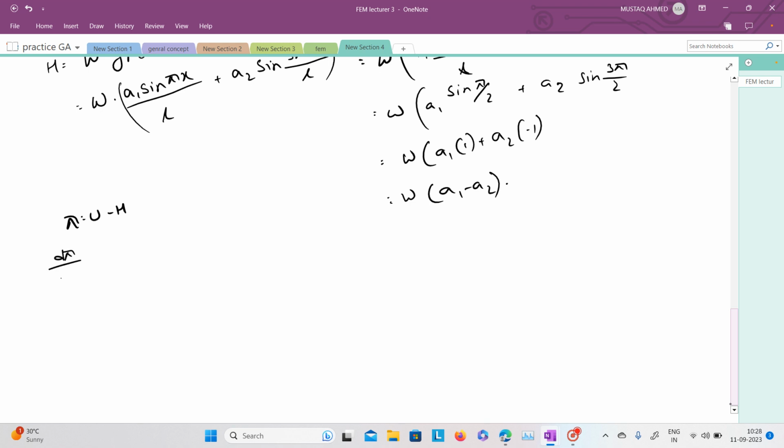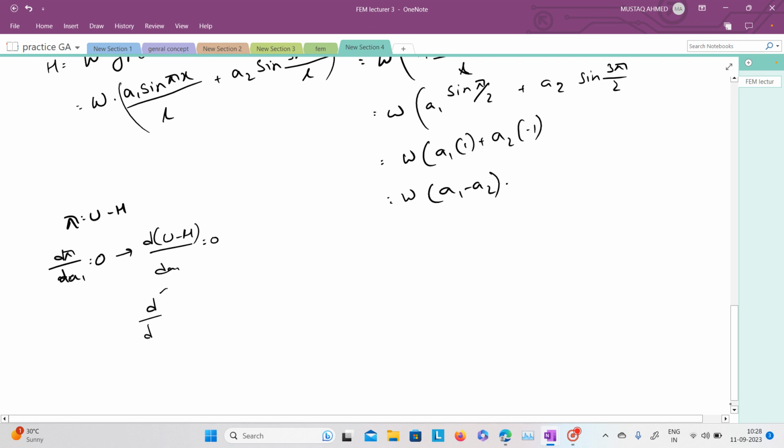Now differentiate with respect to a1. d pi by d a1 equal to 0. What is d of pi? It can be written as d of u minus h by d a1 equal to 0. Differentiate u minus h. What is u?